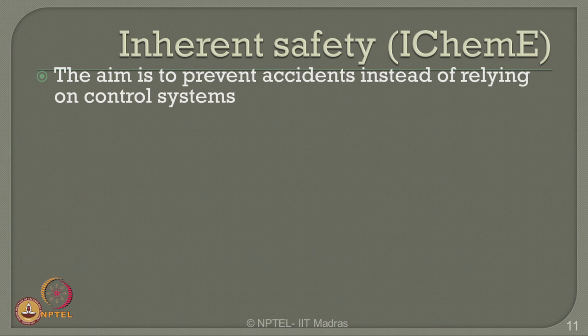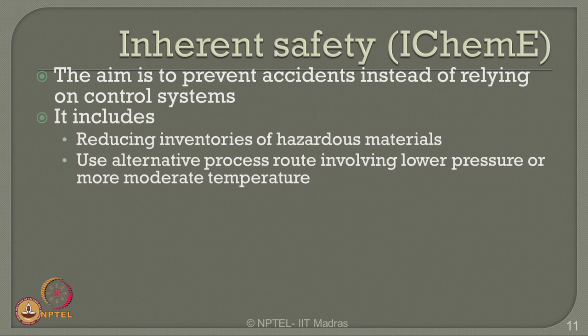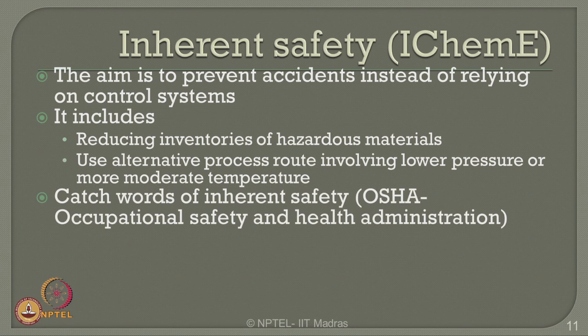You prevent accidents instead of controlling them after they occur. It includes reducing inventories of hazardous materials and using alternative process routes involving lower pressure or more moderate temperature in a process.